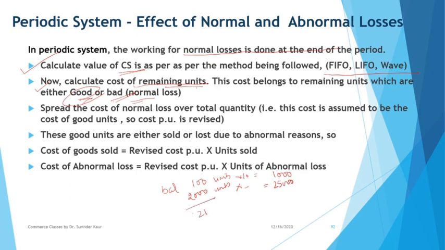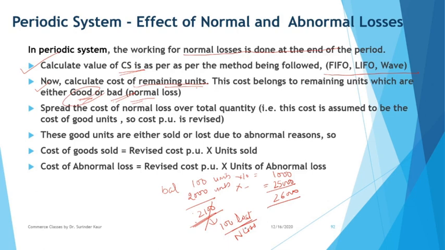Now at the end of the year, we find that out of these units, suppose 100 units have been lost due to pilferage, so it's a normal loss. So that lost units cost will be spread over the good units.